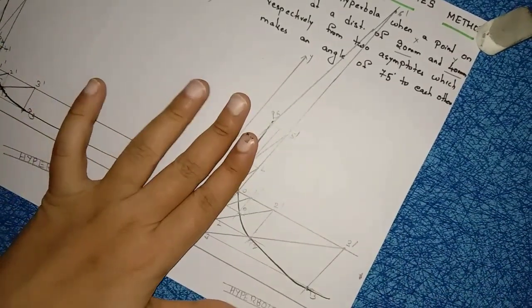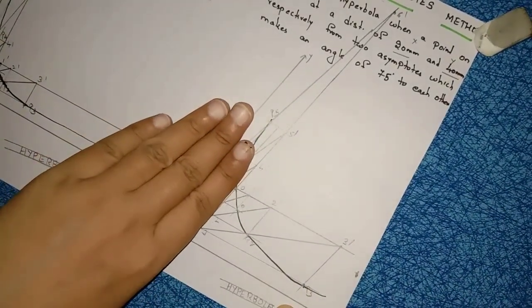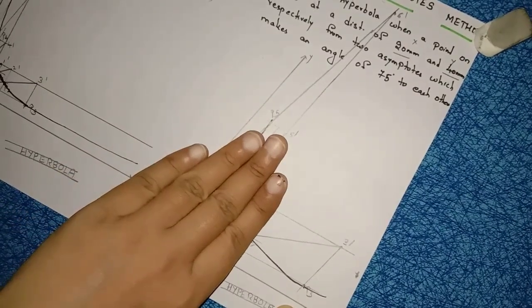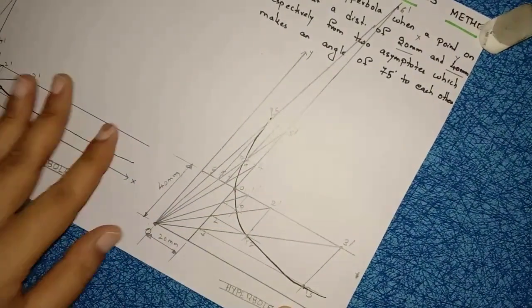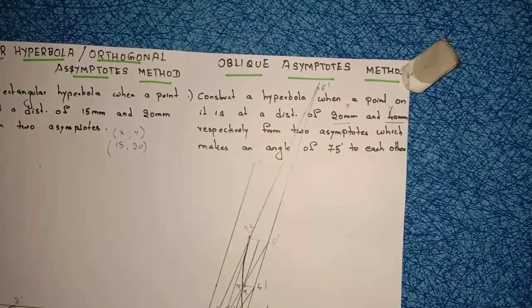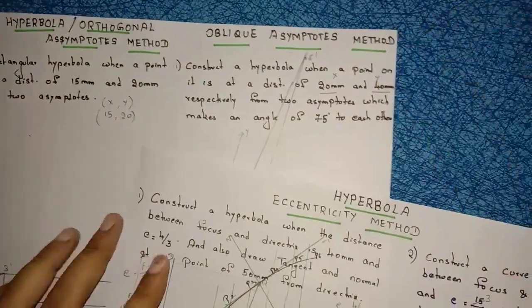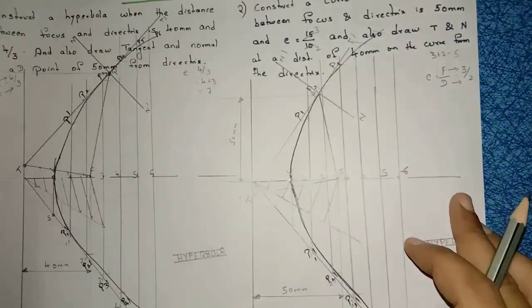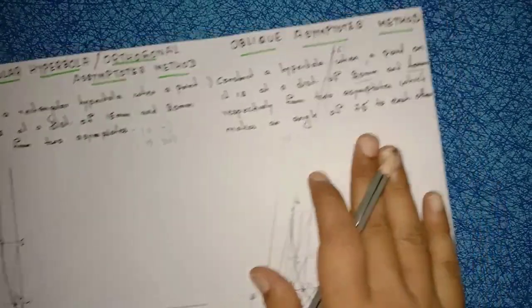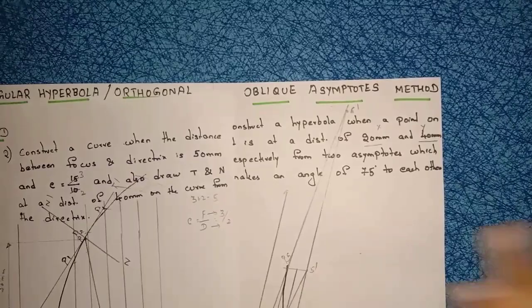So to this 75 degrees we have to draw a parallel line. Right, so these are the 3 methods to construct a hyperbola. This is your eccentricity method, and this is your orthogonal asymptotes method and oblique asymptotes method. So this completes your conic sections.